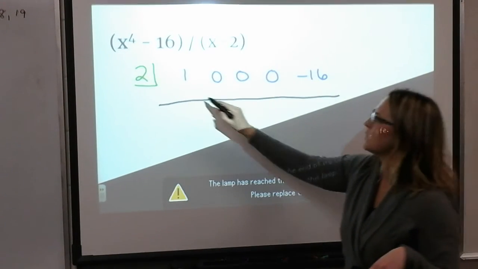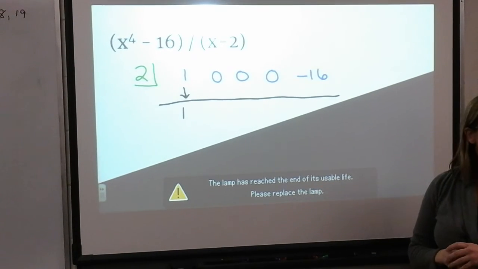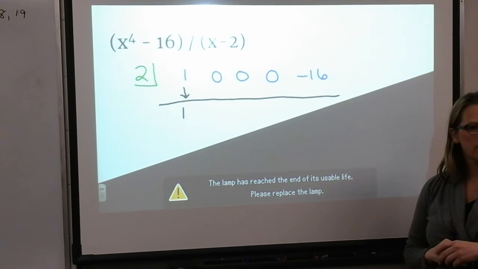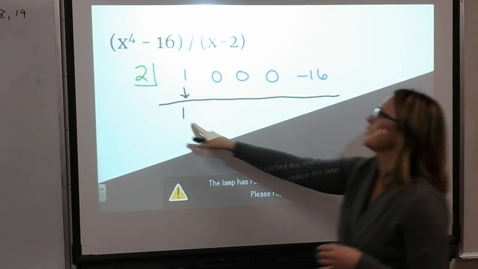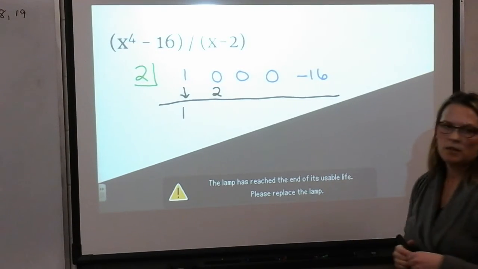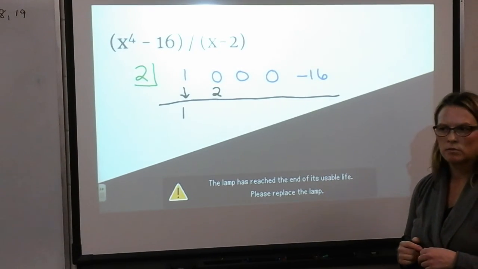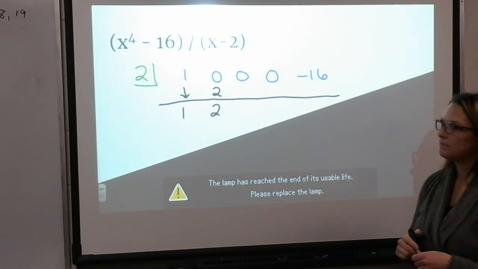First step in synthetic division always, you just bring that first number right on down. Next step, you multiply what you got times the root. So 1 times 2, you write the product here, so that's 2. And then you add. 0 plus 2 is 2. Then I do it again.